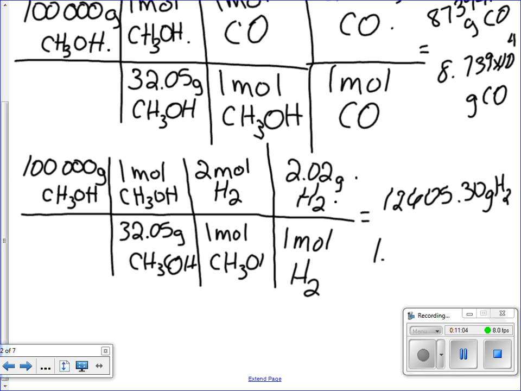Or if your calculator gives it to you in scientific notation, it's 1.261 times 10 to the 4th grams of H2. This is the longest type of problem when you're starting with units of grams and you have to end with units of grams. So you have to have 4 different sets of conversion factors to get through those. So those will always be the longest ones.